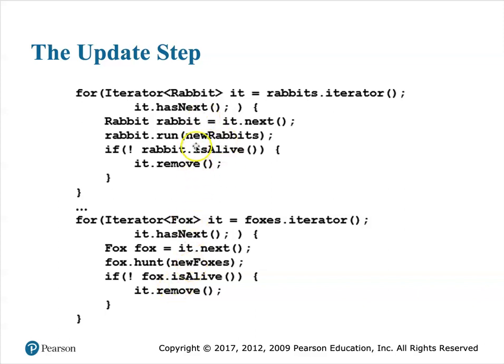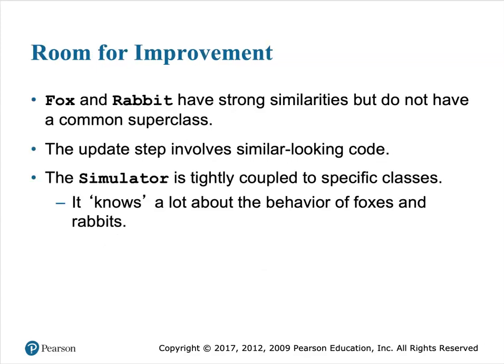If you look at these two blocks of code, you can see they're remarkably similar. In fact, whenever we see blocks of code that are doing the exact same thing, we usually start thinking there's a better way to structure this. But there's also a problem. Fox and rabbit, while they have strong similarities, don't really have a common superclass. One is predator, one is prey.